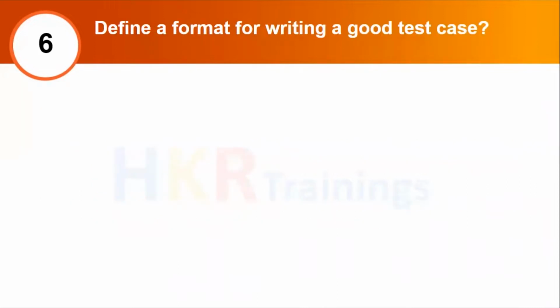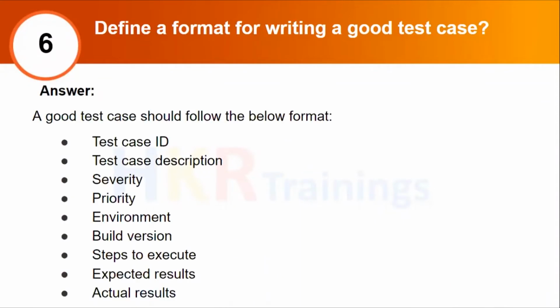Next one. Define a format for writing a good test case. So for writing any test case for the end client to understand, or else if you are giving the document to any business analyst, or if you found a bug and you're giving a document to the developers, they should be easily able to understand what you have written, what you have tested, and what is the issue you're getting.